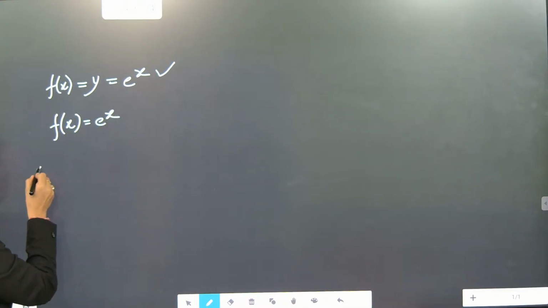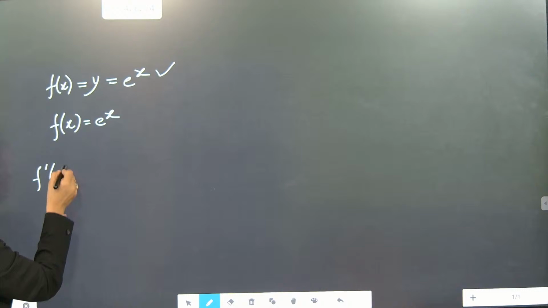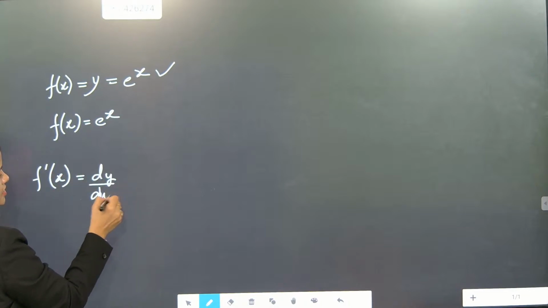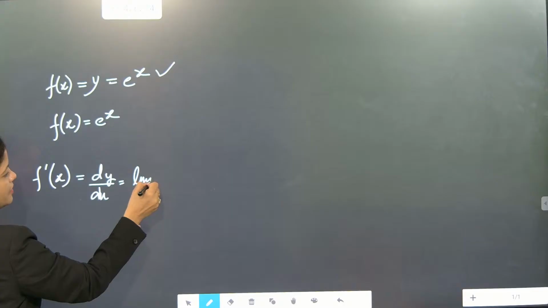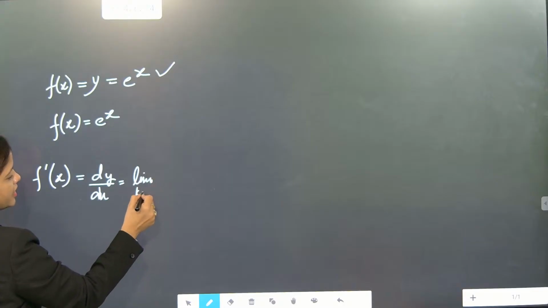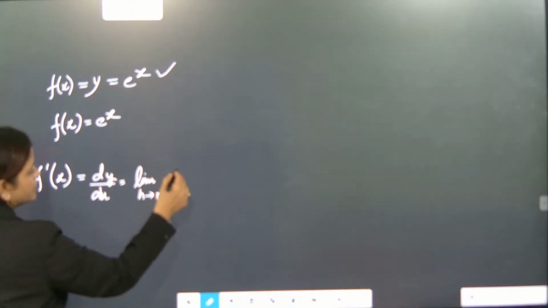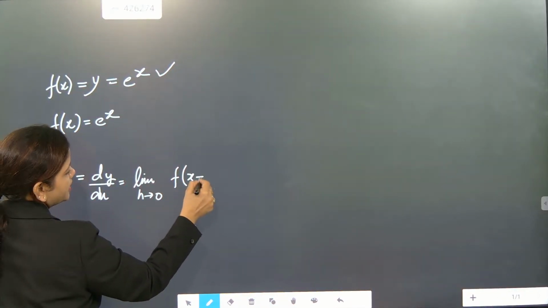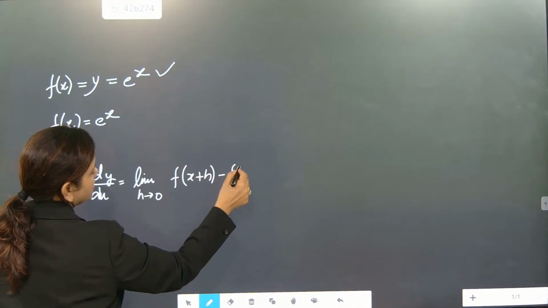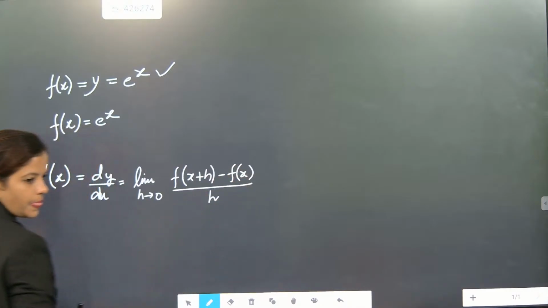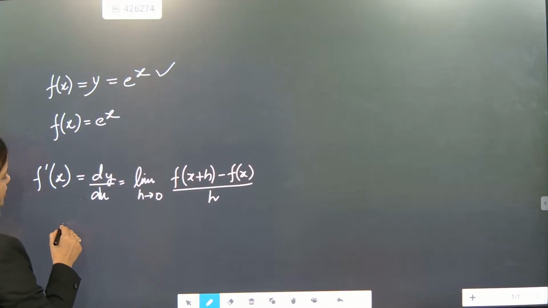Our first principle differentiation formula is f dash x is equal to dy by dx, which is limit h tends to 0, f of x plus h minus f of x by h.